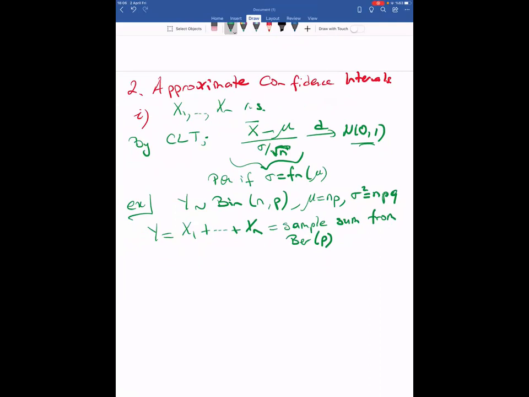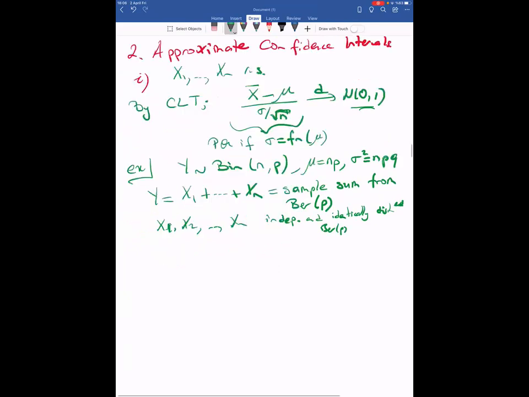And assuming that in the binomial case, each x1, x2 to xn is independent from each other, basically independent and identically distributed. So we have a random variable, Bernoulli p. Okay, so this is how we basically apply the central limit theorem.